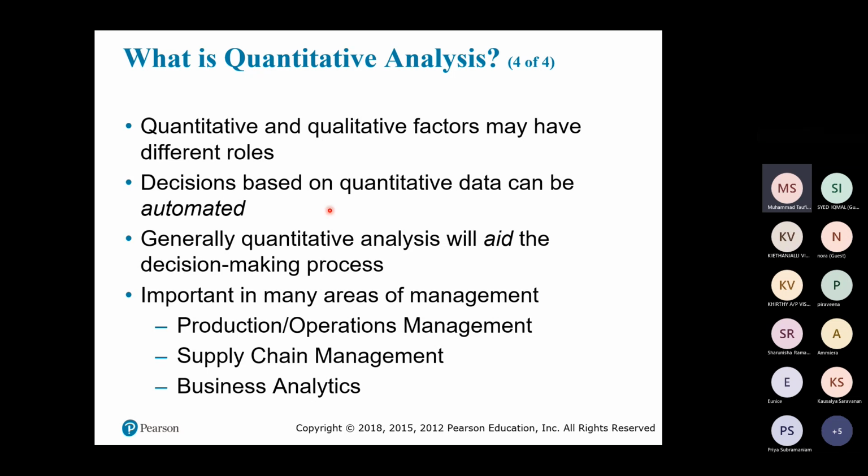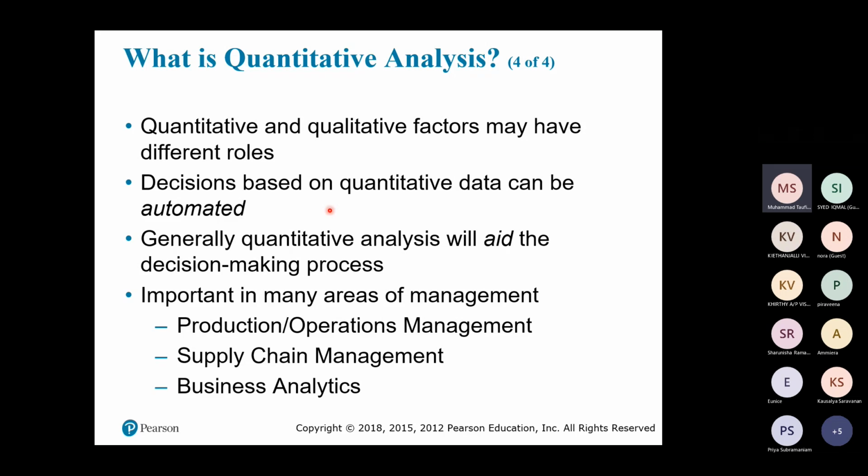Because you can pass the data to other people, and they can immediately understand the implication of the data and how to make their decision. That is what we call automated. Another thing is you can also feed the data to the computer, so the computer will run the process.